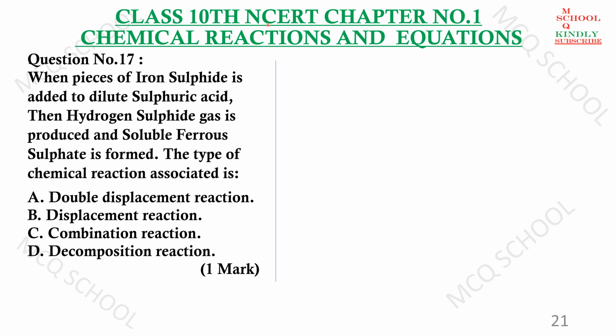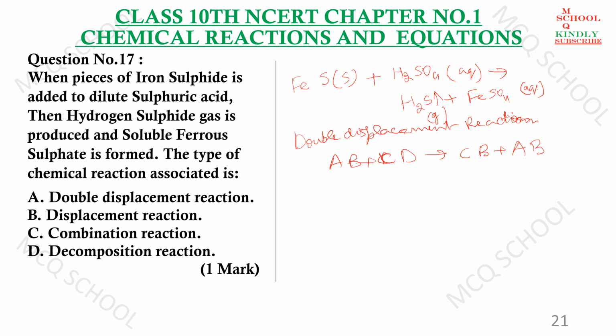To understand better, let us write the equation. In our case, iron sulfide reacts with dilute sulfuric acid and forms hydrogen sulfide gas and iron sulfate. So basically two compounds are reacting with each other.